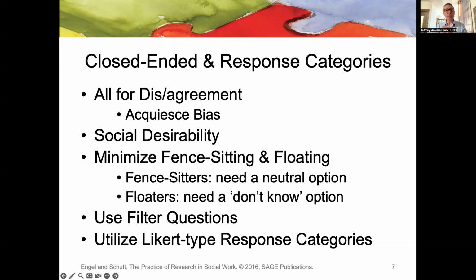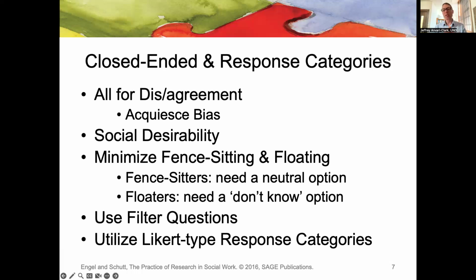Sometimes having a scale of 1 to 5 is not so good. We want to have people decide, I'm more negative, or I'm more positive, as opposed to what we call a fence sitter. They want that neutral option, they want the three. So it's better sometimes to have an even number where they have to pick one degree or the other.